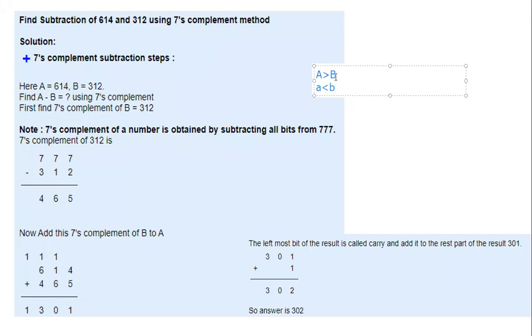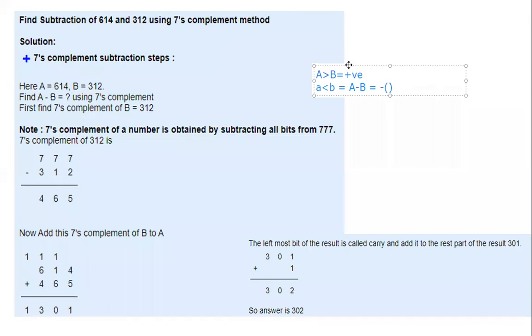Now we are going to do a greater than b. If a is less than b, a minus b gives a negative answer. If a is greater than b, definitely the solution is positive. This is simple mathematics.